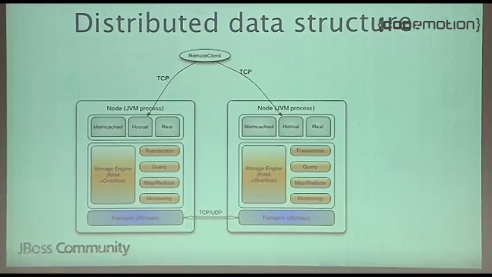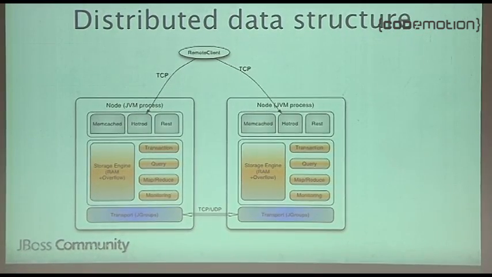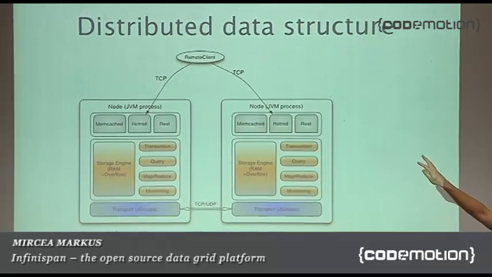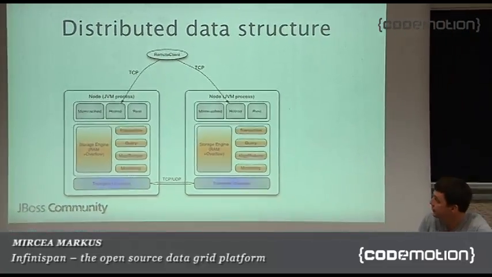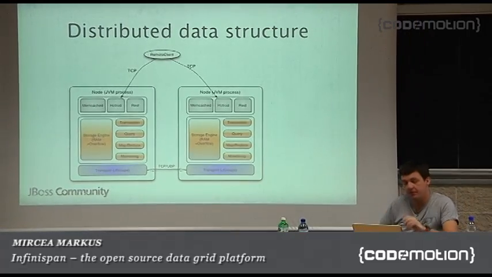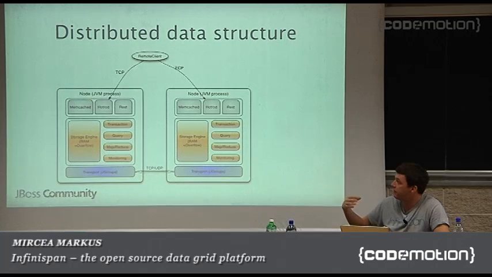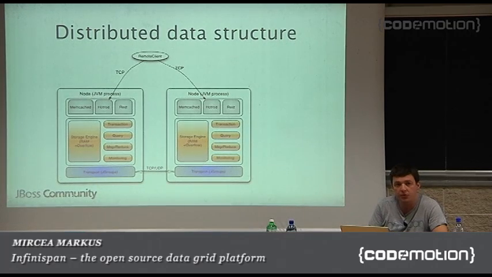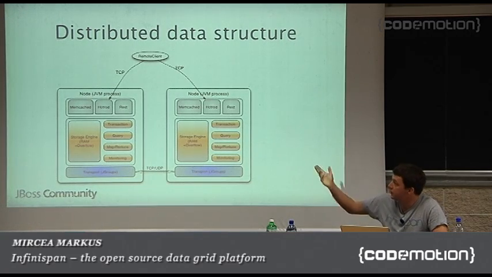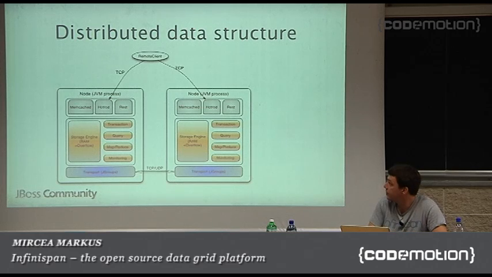So from a client's perspective, Infinispan can be accessed either from the same process, so the client and the storage would be located in the same process, or we supply various remote access protocols. It can be used as a memcached server.